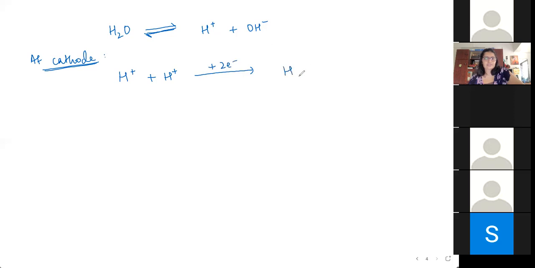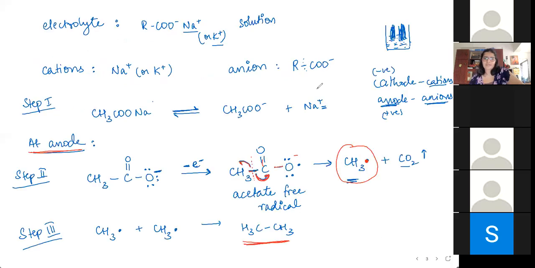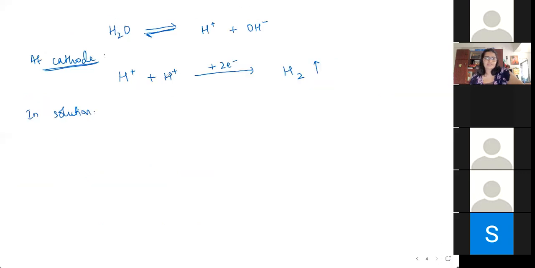So two of these end up joining and escaping as hydrogen gas. In the solution, the Na plus is still there and the OH minus is still there. So the Na plus and OH minus, you'll be left with NaOH in the solution.